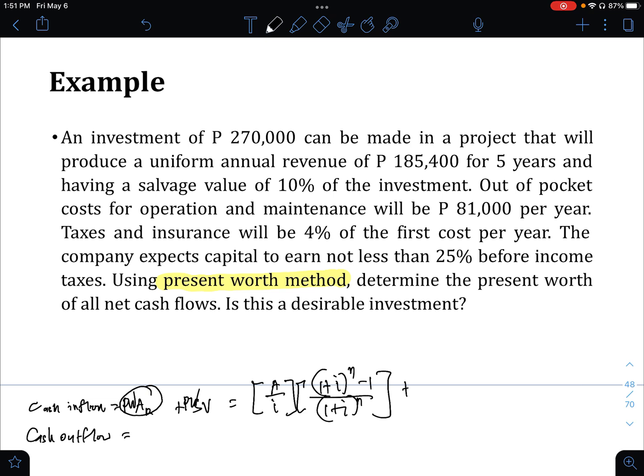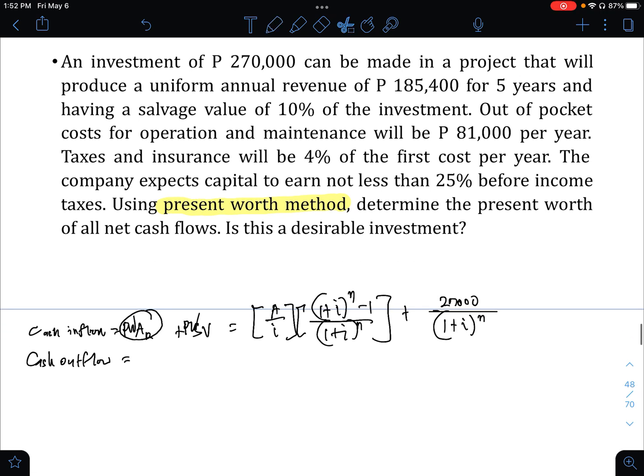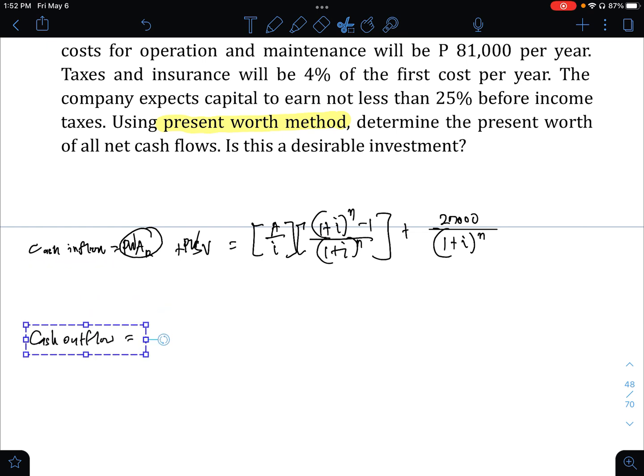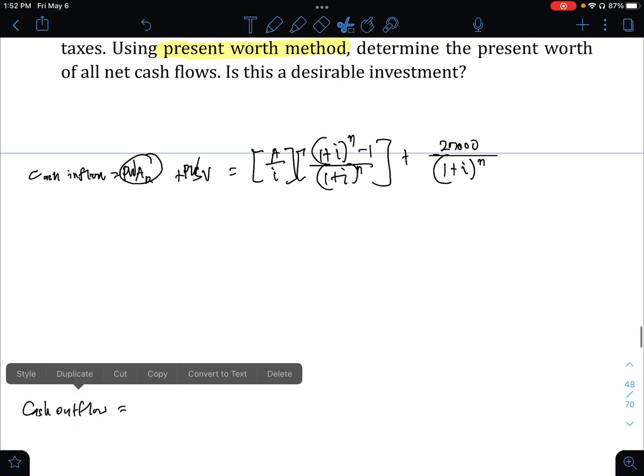Remember natin ang present worth, class? Plus the present worth of the salvage value. So, ano ang present worth ni salvage value? That's 27,000 divided by 1 plus i raised to the power of n, kasi present worth, di ba? So, you need to remember again our discussions before. So, move muna natin ito. Cash outflow. Let's focus on cash inflow muna.